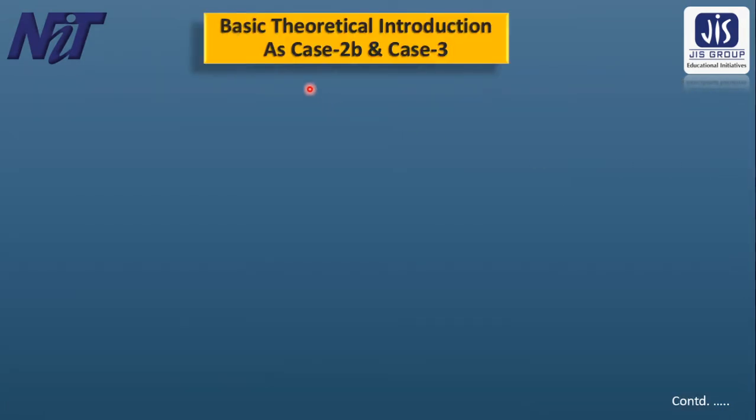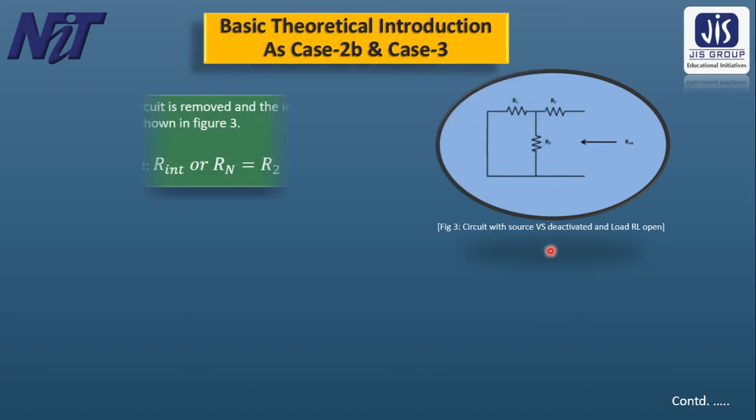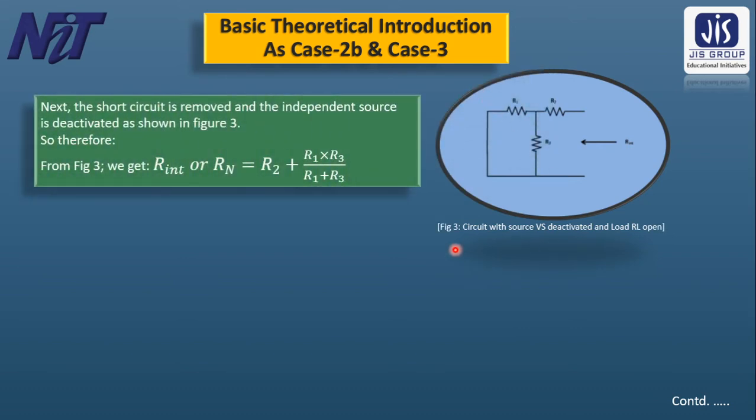Now the second session, where case 2b and case 3 have been discussed. This is figure 3, where we remove the load resistor as well as the conventional independent voltage source, but leave the internal resistance of this source.